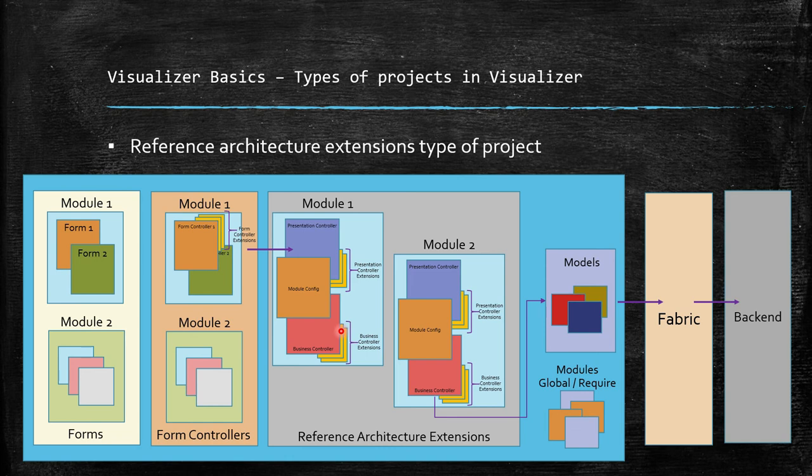So instead of changing the code in the base form controllers, presentation controllers and business controllers, you would end up creating extensions to the form controllers, presentation controllers and the business controllers, and you would write the customization logic inside these extensions so that you are not changing the base implementation of the app. You are creating extensions and you are implementing all the customizations inside those extensions.